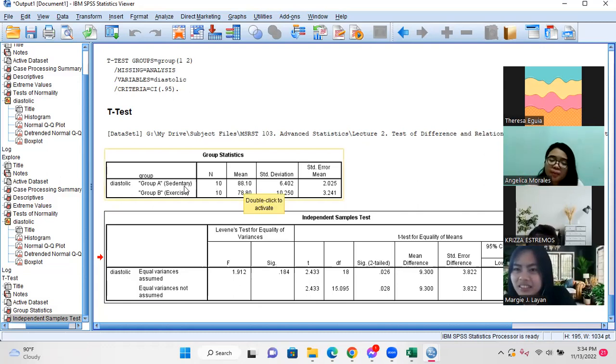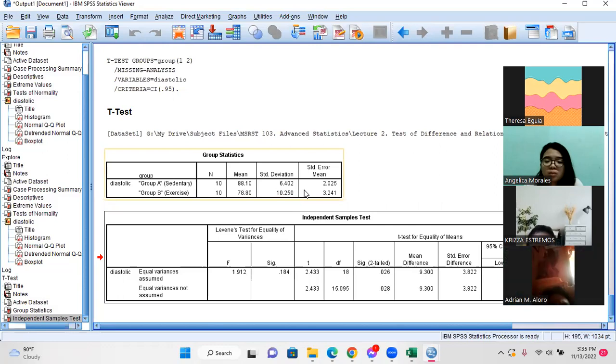Ang main problem, gusto i-check kung mas importante ba ang exercise. Kaya gumawa sila ng study between those who exercise and who did not exercise. Kaya they found out na yung mga nag-e-exercise ay may mas mababang diastolic blood pressure kaysa sa mga hindi nag-exercise.